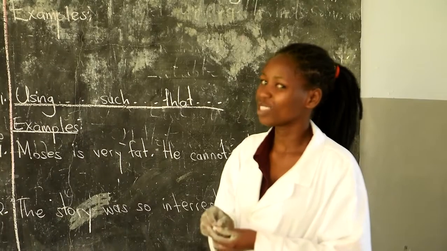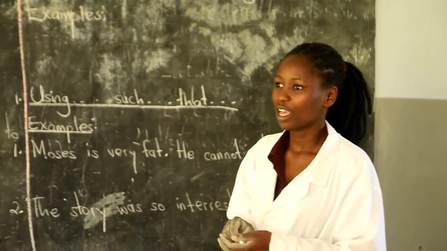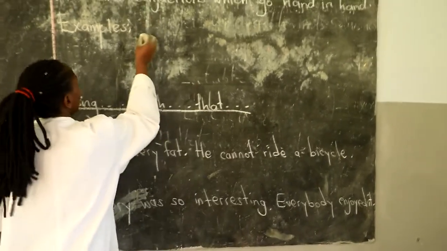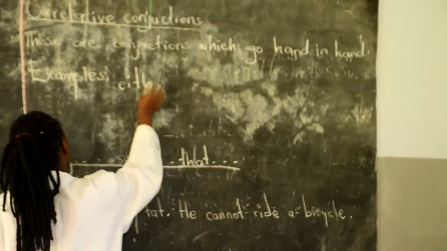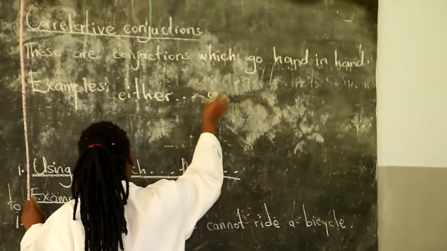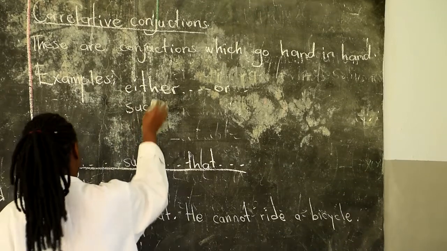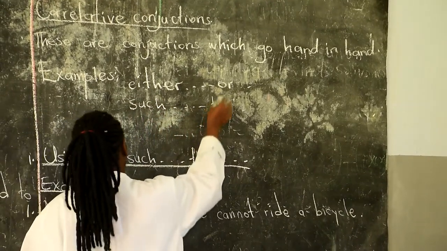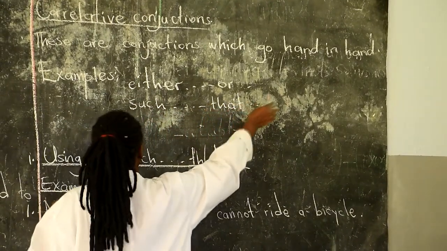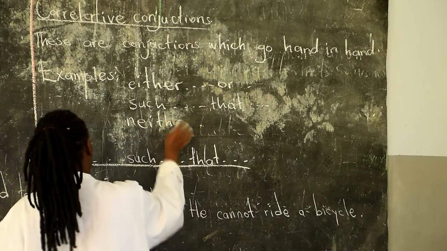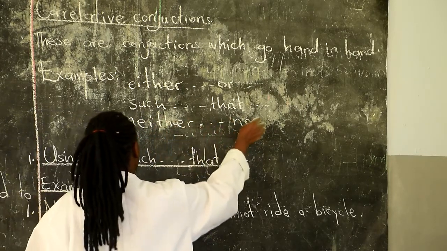Examples of such conjunctions: either, or, such, that, neither, nor.